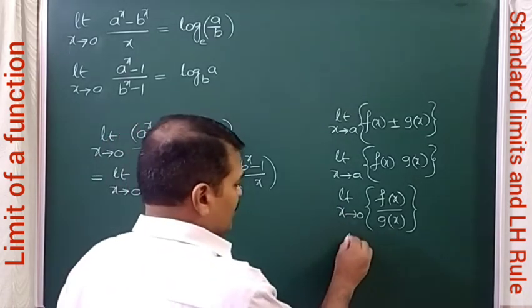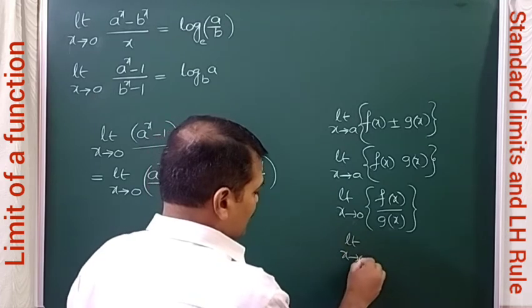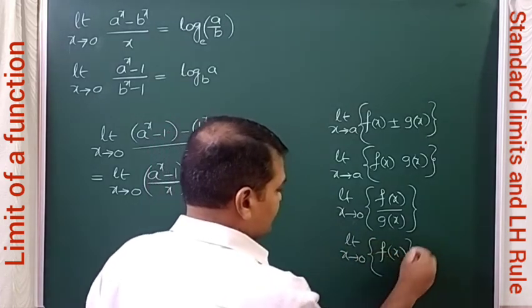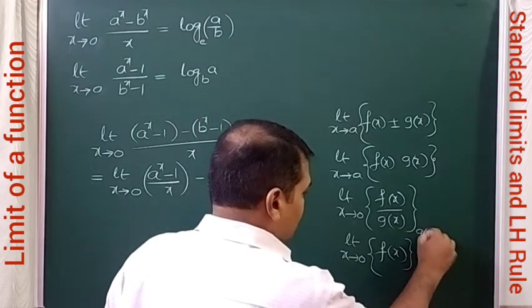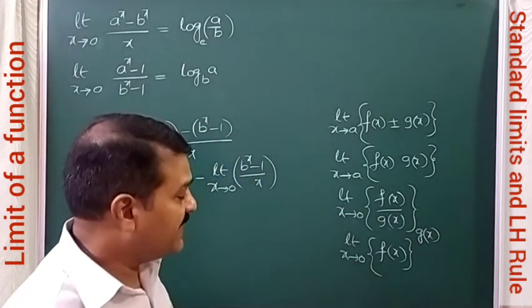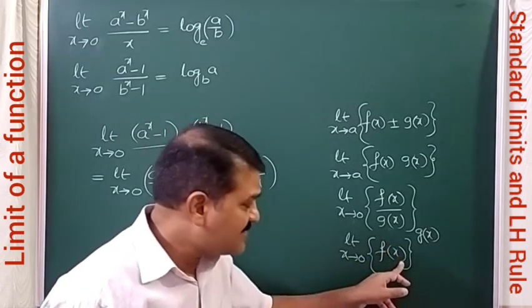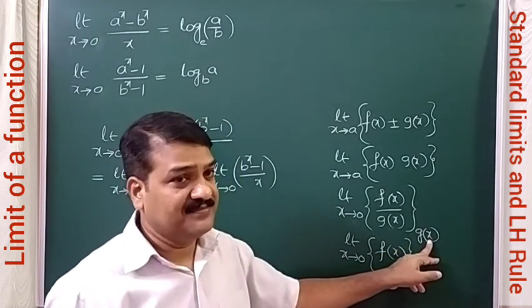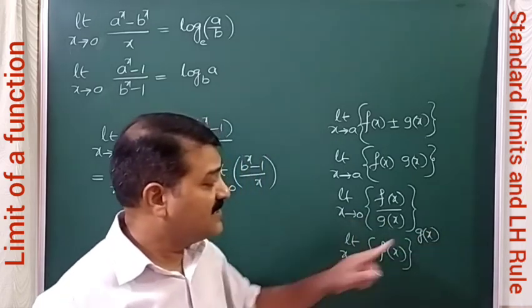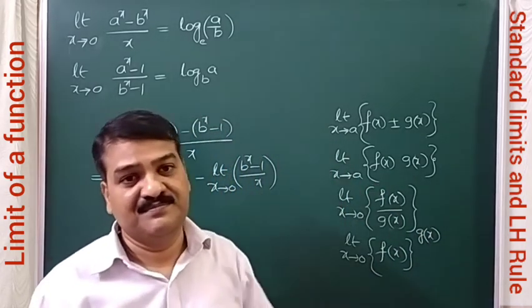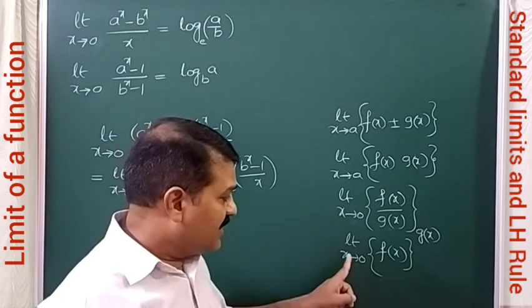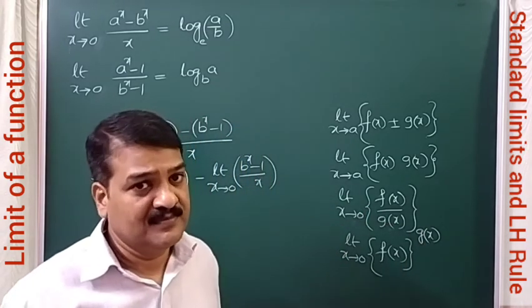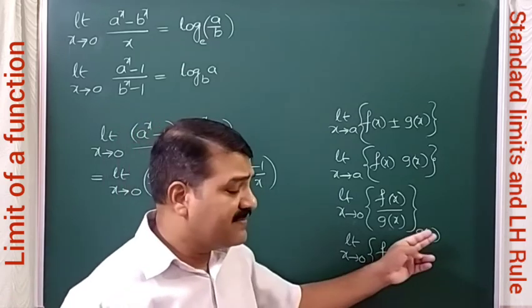Okay, so limit x tends to 0, if you have f of x power g of x, here also you can separate the limit for f of x and you can write the limit separately for g of x, provided this is not an indeterminate form. That is, f of x, g of x must be finite limits, and you should not get 1 power infinity.